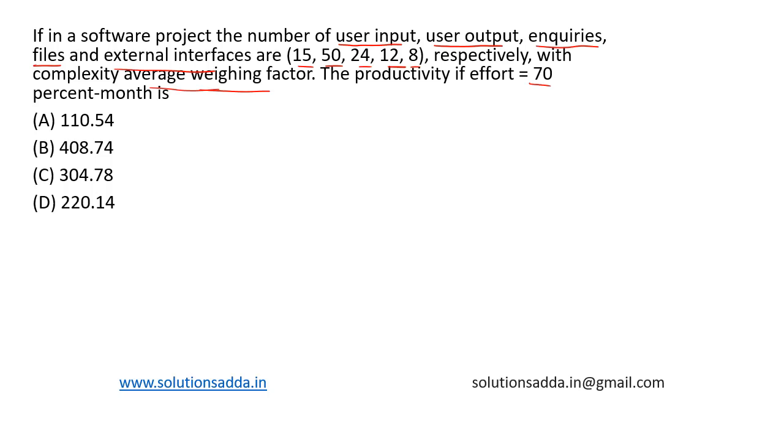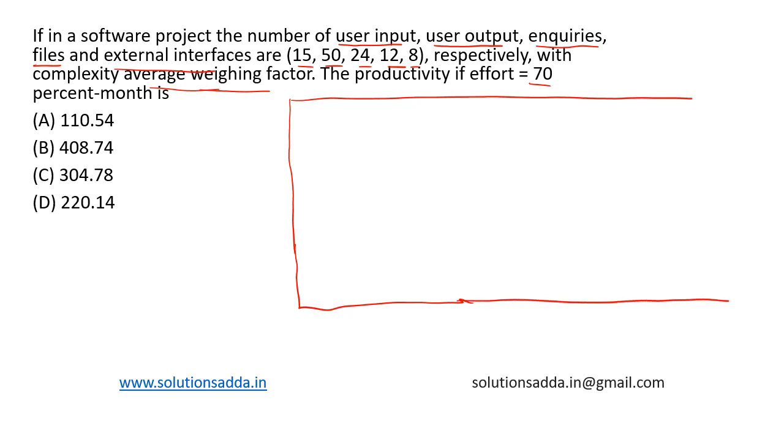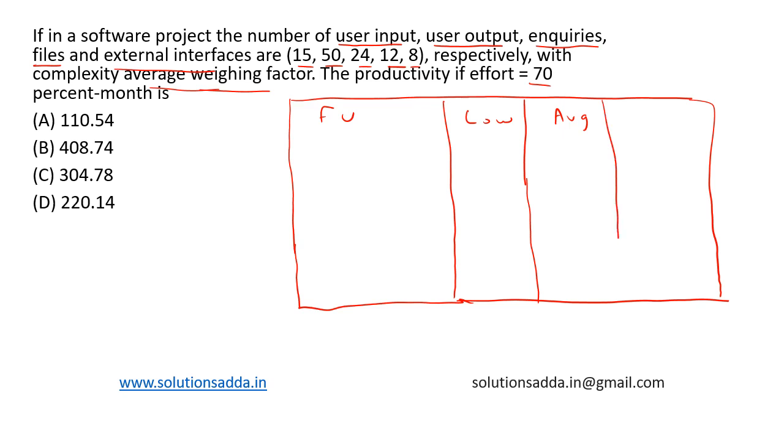Let's write the functional units and their weighing factors based on low, average, and high. These three are weighting factors.